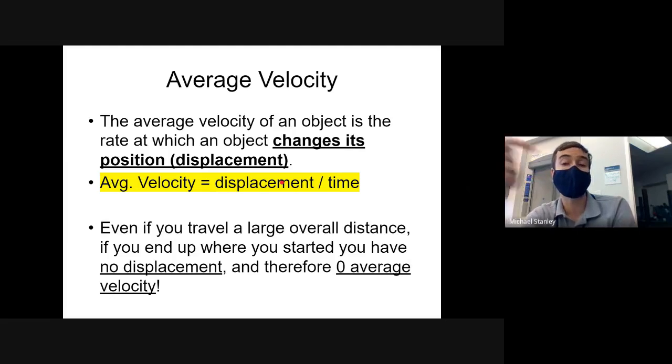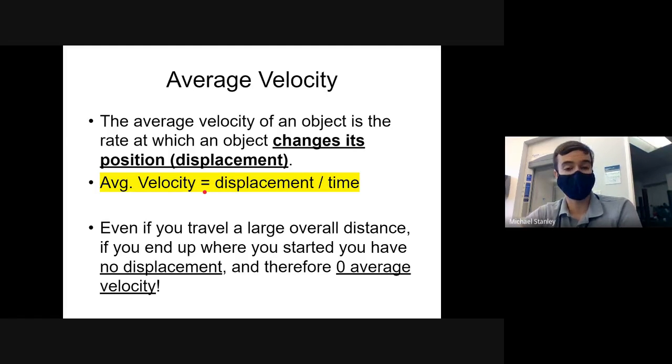So how far away from the starting point are you getting, divided by how long it's taking to reach that distance. So your average velocity, instead of being distance over time, is displacement over time. What is your total distance away from your starting point?